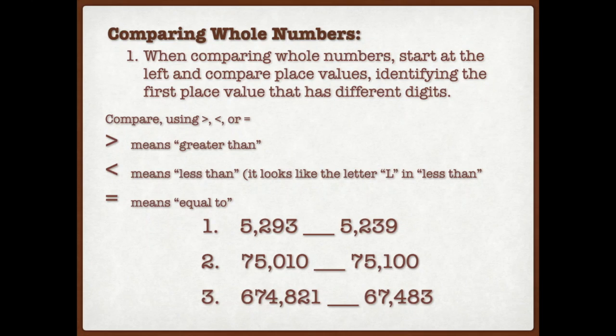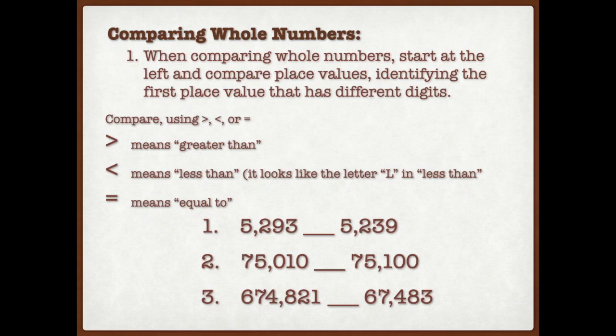Let's go to number 3. 674,821. So let's take a look at the left side. Okay, left number the greatest. Okay, 6 and 6. 7. Oh, wait a minute here. Look at the place values. Okay, look where the comma is.